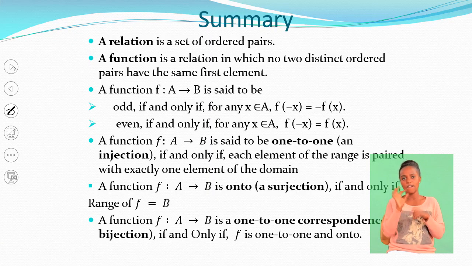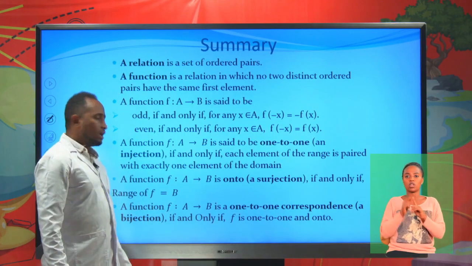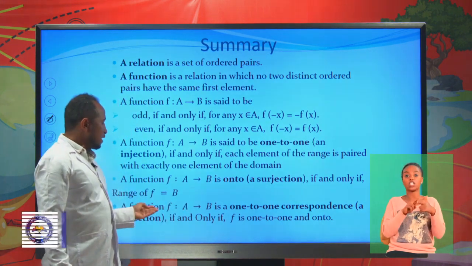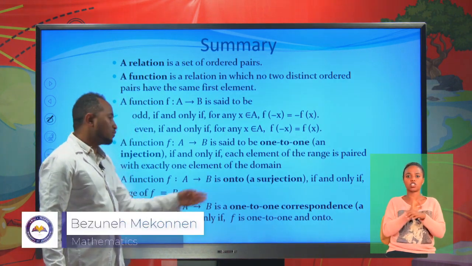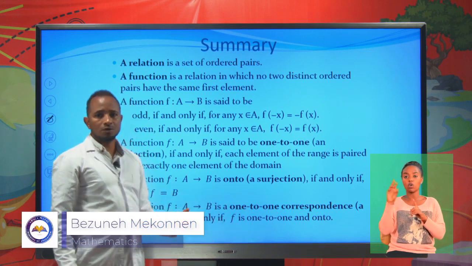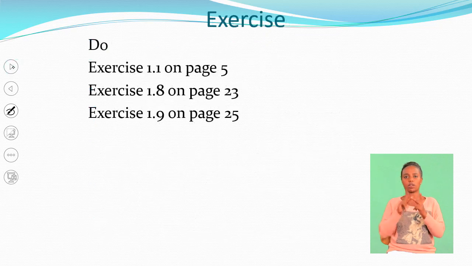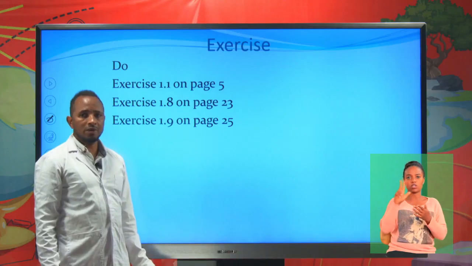A function f from A to B is said to be onto, or a surjection, if and only if the range of f is B. And the function f from A to B is a one-to-one correspondence if it is both one-to-one and onto.